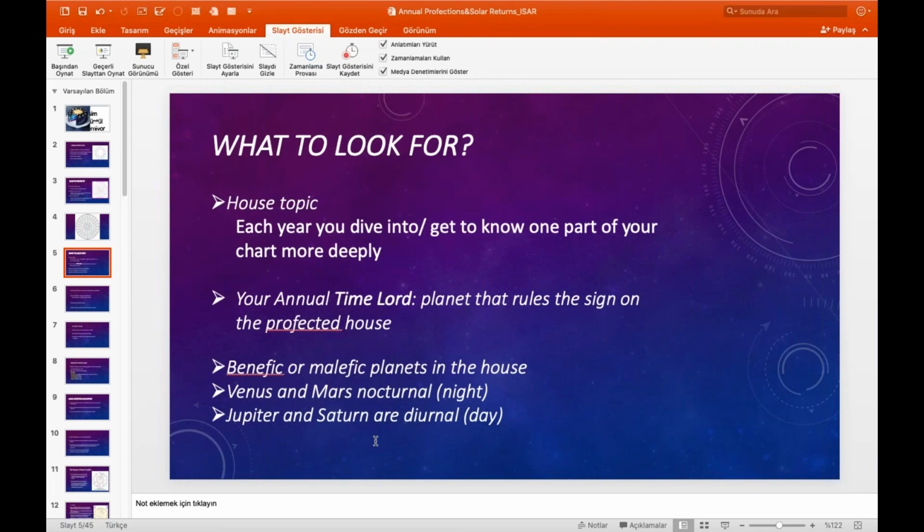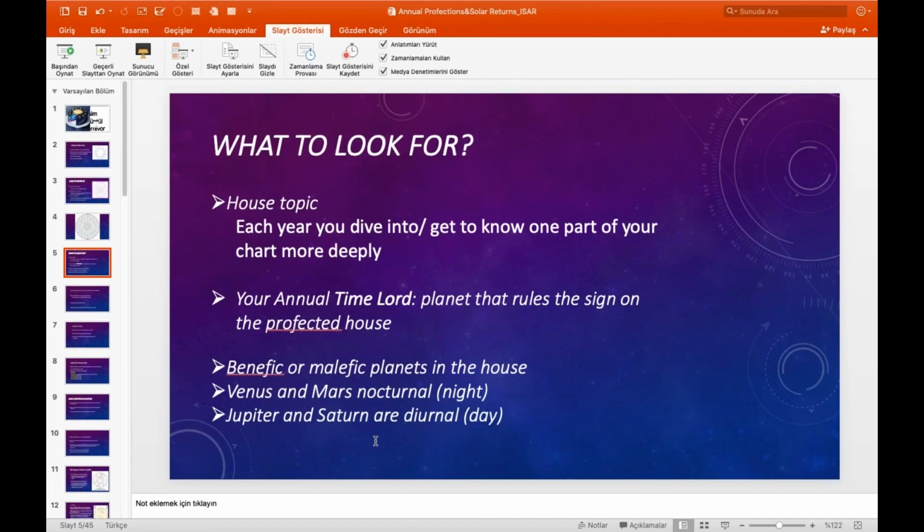For example, if you have a day chart, I mean, when you are born in the morning, not after the sunset, and if you have Mars in a day chart, this Mars will be mostly malefic.